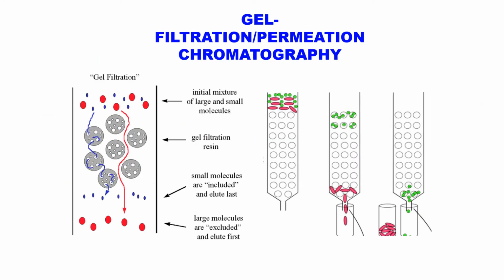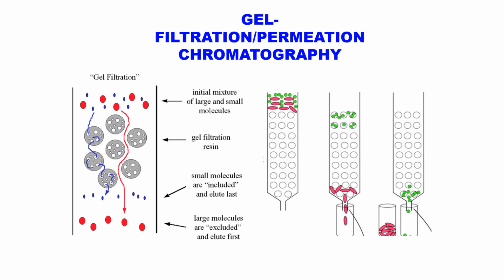Now coming to gel filtration or gel permeation chromatography, this technique is based on the difference in the size of the solute molecules which are to be identified. So the sample, which is an analyte for us, has a mixture of components, and all the molecules present in that mixture have different sizes.